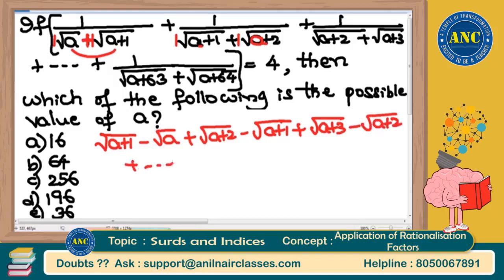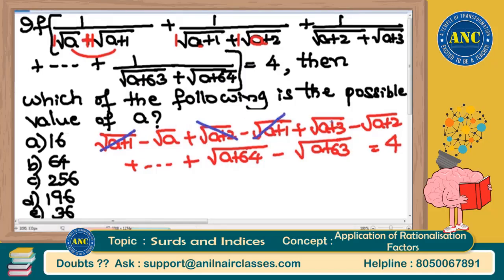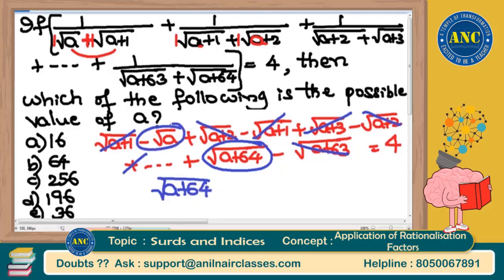Similarly, the last term is root of a plus 64 minus root of a plus 63. Now, this entire value is given as 4 in the question. If I simplify further, this will cancel. Which all will cancel? Root of a plus 1 and root of a plus 1 will cancel. Root a plus 3 will cancel. Root a plus 63 minus root a plus 63 will cancel. You will be left with only 2 terms. One is root of a plus 64 minus root a, and the right hand side 4 is left out.